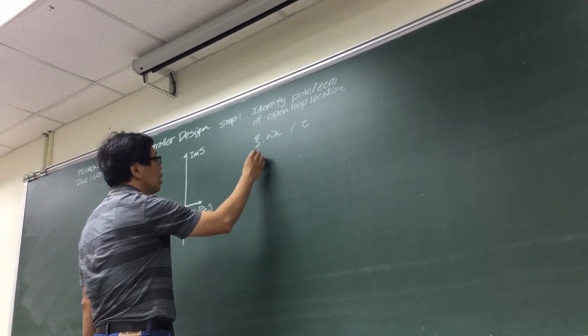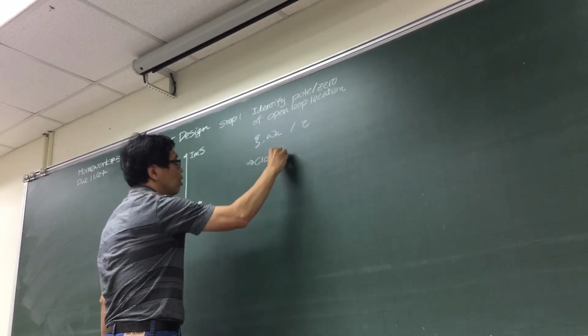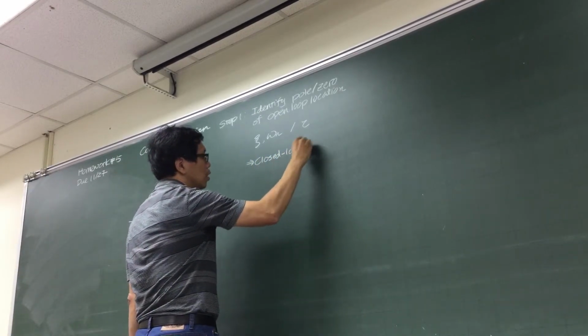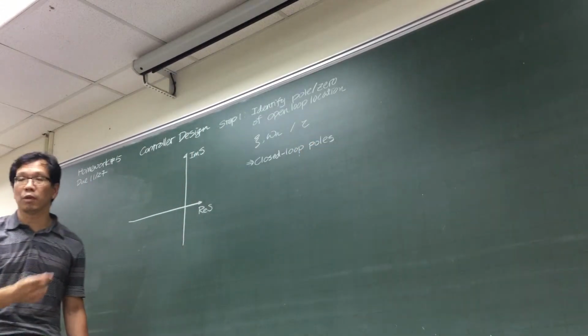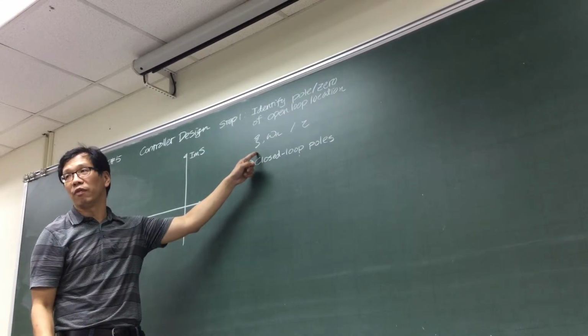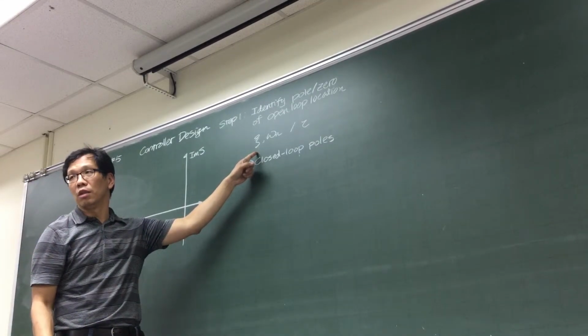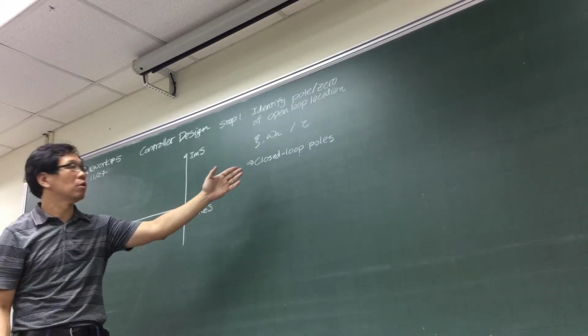Once those things are identified, then we know closed loop. That is something we know because if we know the damping ratio, we know whether it's going to be 45 degree, 30 degree, 60 degree, whatever you want, depending on your damping ratio.